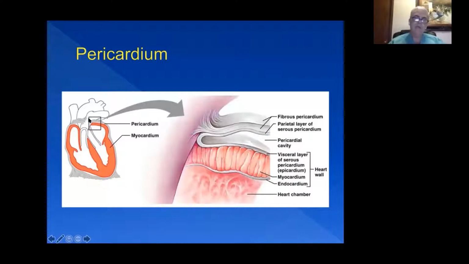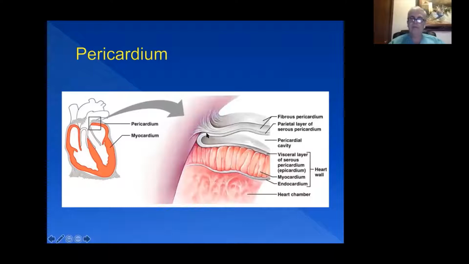If we enlarge that area of attachment, we can see the outer layer of the pericardium, which we call the fibrous pericardium, a very thick, very tough layer. As it attaches to the root of the great vessel, it reflects at that point and goes back and adheres to the surface of the heart muscle.